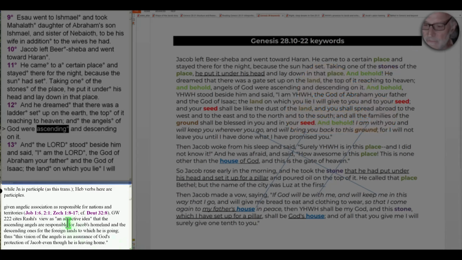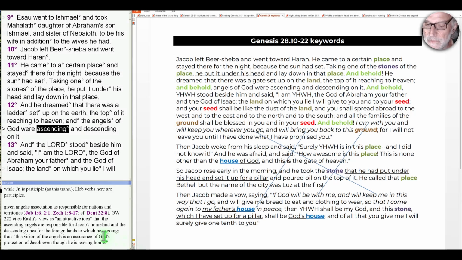Rashi, the great medieval midrashist, notes as an attractive idea that the ascending angels are responsible for Jacob's homeland and the descending ones for the foreign lands to which he's going. Thus, quote, this vision of the angels is an assurance of God's protection of Jacob even though he is leaving home, which also implies the protection of the exiles on the way to Babylon, who were not Israelites but Judahites, and that's going to be a big issue that we'll explore in these chapters as they unfold.